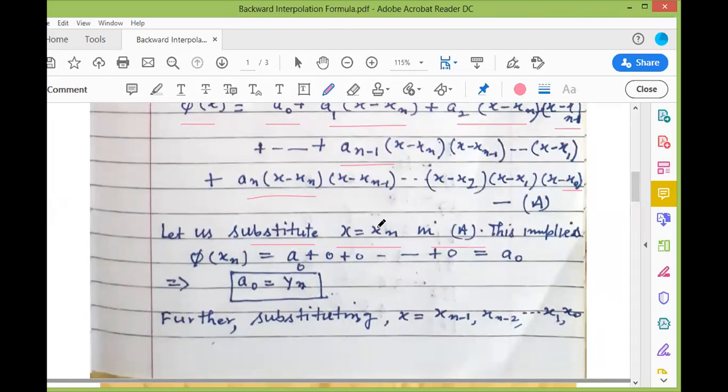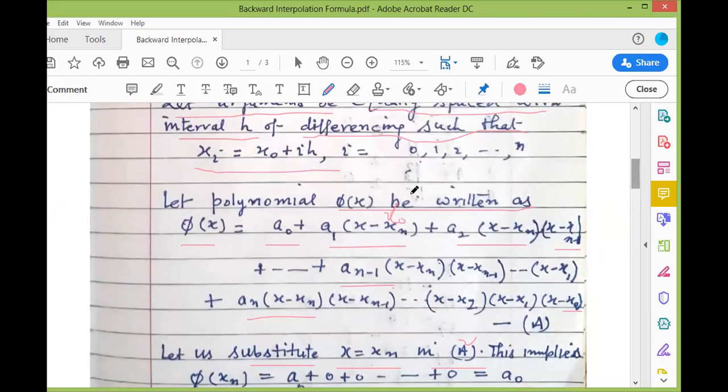Now, in a different way, the end value we are substituting here, x is equal to xn in A. This implies that everything vanishes. Now x minus xn, so xn is here, so all these terms vanish.